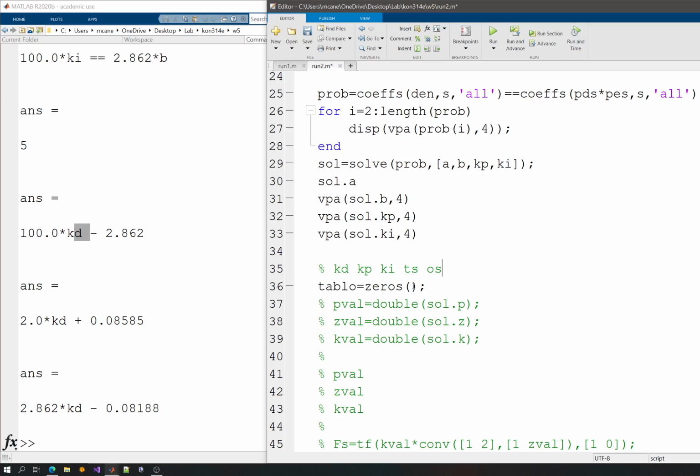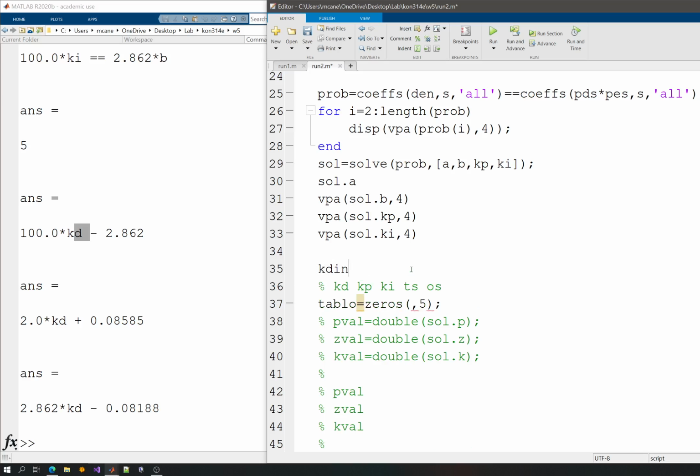So I have basically 5 columns here. 1, 2, 3, 4, 5. How many rows? Well, what will be the KD interval? Let's define an interval. Let's start with 0.1 up to 0.2.